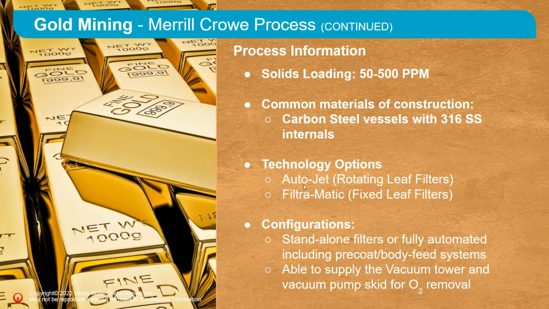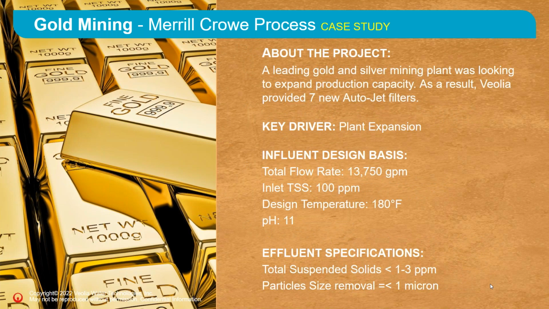We've provided both Auto-Jet and Filtra-Matic filters for the Merrill-Crowe process. And we've provided both just filter or a fully automated system, including the body feed and Precoat systems. We've also provided the Precoat filters along with the vacuum tower and the vacuum pump skid for oxygen removal.